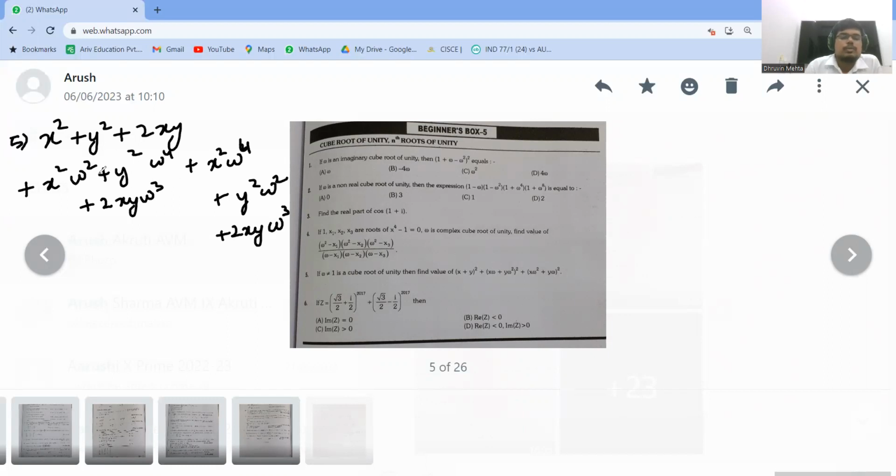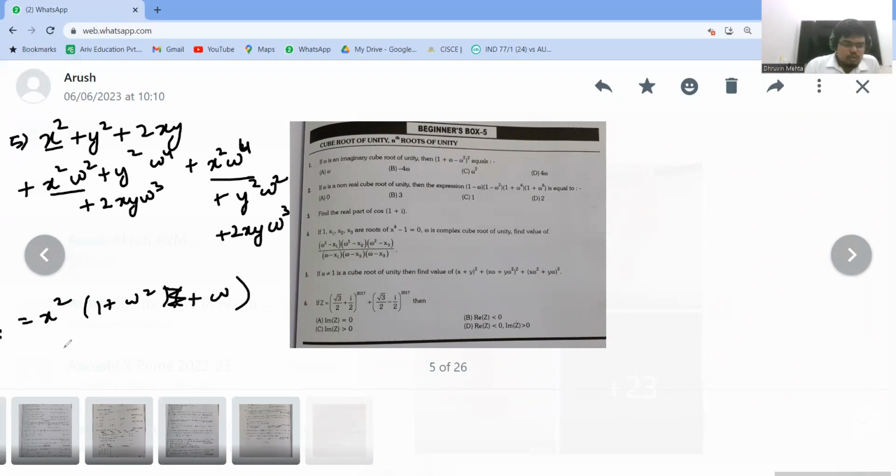Okay, so now Arush, from the three terms where x square is there, we can take x square common. So what will come in the bracket? 1 plus omega square, and omega raised to 4 is nothing but omega.